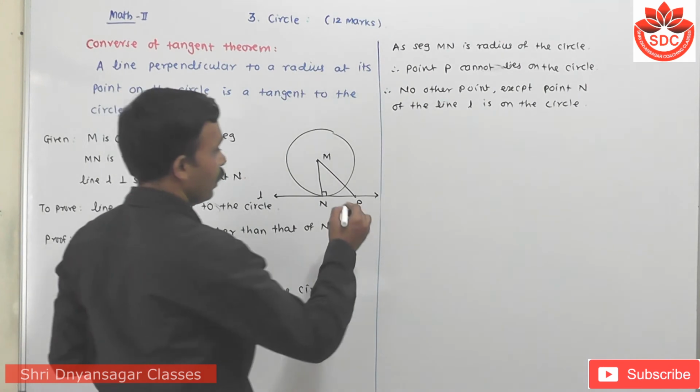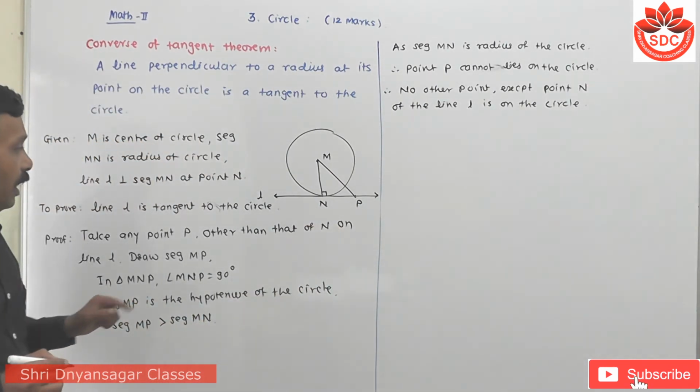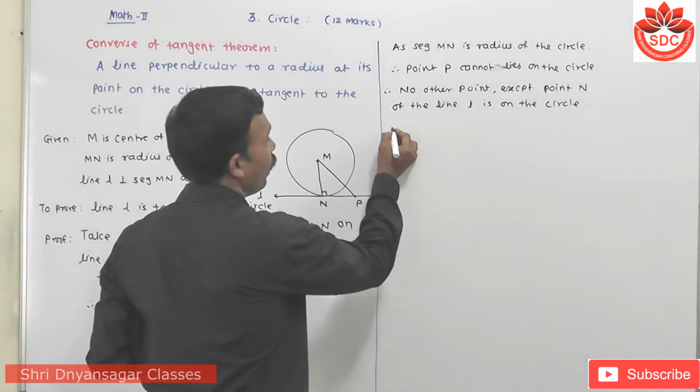Therefore, line L intersects the circle. Therefore, the line intersects the circle in one and only one point.